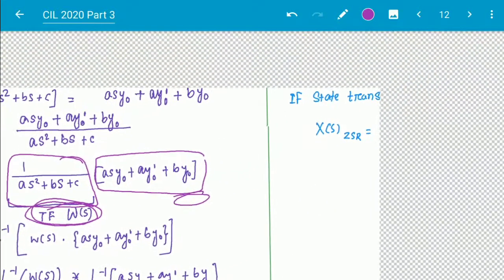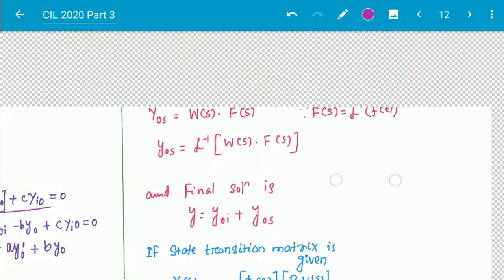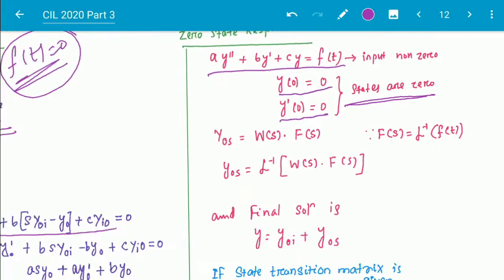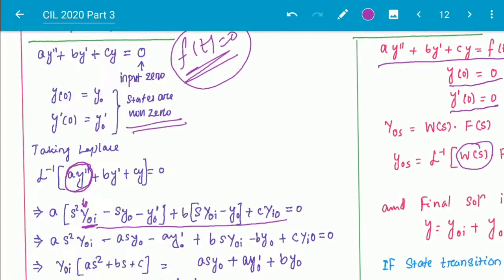Similarly for the zero state response, if we take the Laplace transform of this function, this will be W(s), and this W(s) is equal to this one. That is why I have not calculated it again.